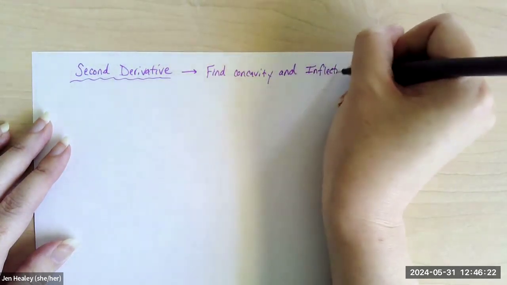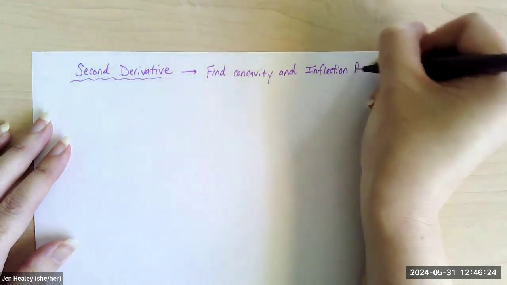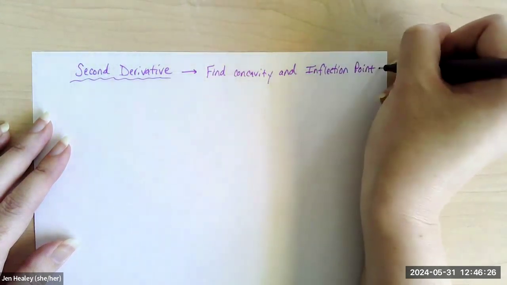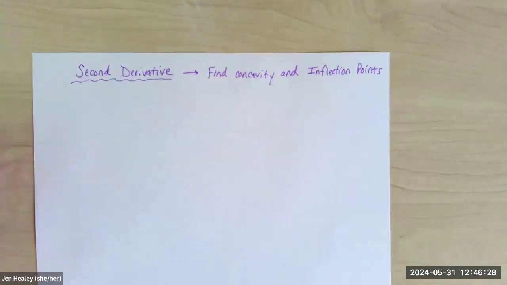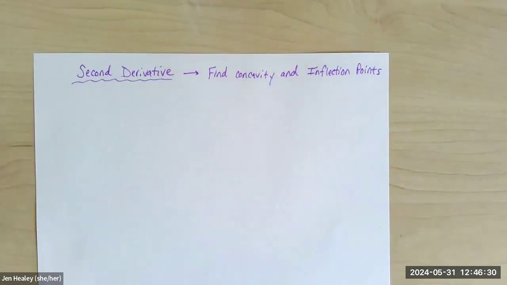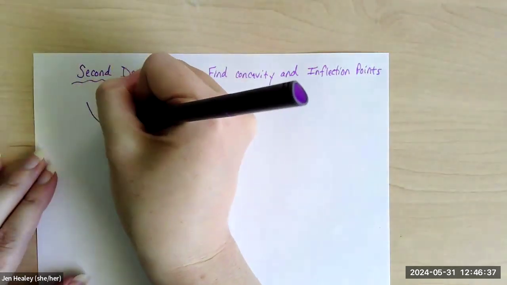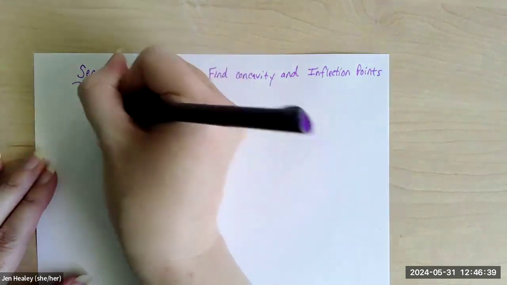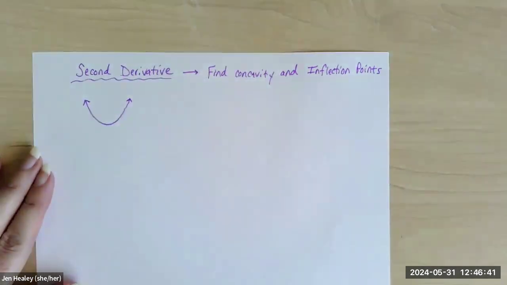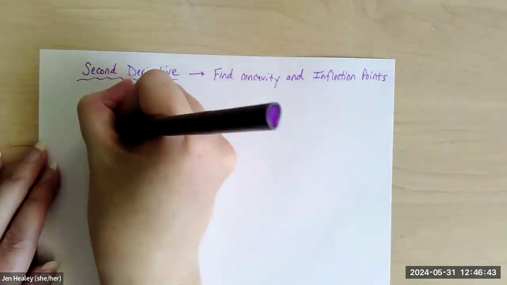F double prime x equals concavity slash inflection. I know that it has to equal 3x squared plus 6x. So if I draw a graph like that, this is called concave up.